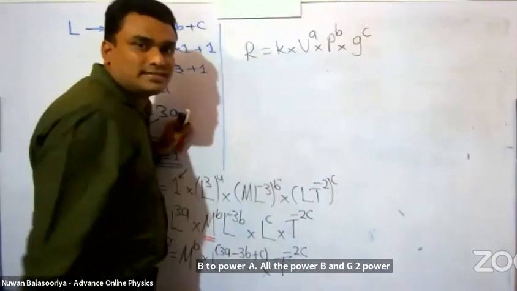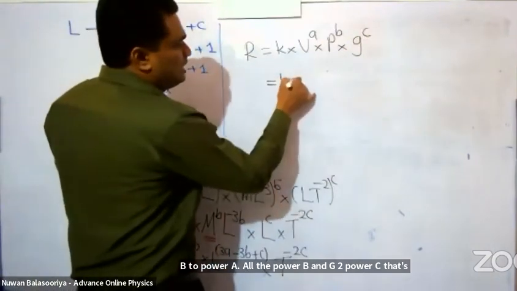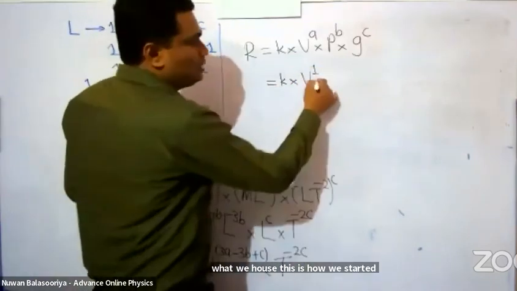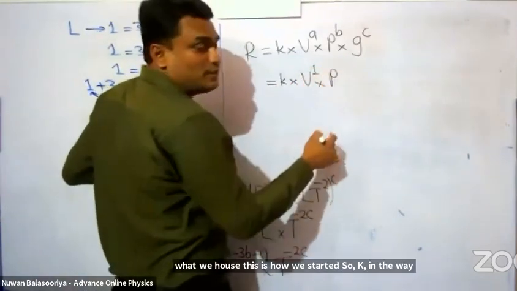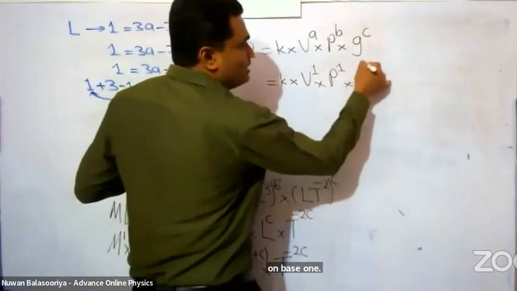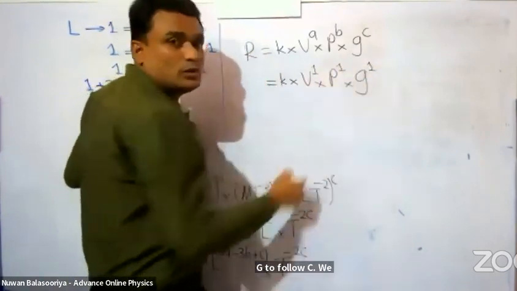That's what we have. This is how we started. So k into v to power a, we have found a is 1. Rho to power b, we have found b is 1. G to power c, we have found c is 1. 1, 1, 1, all the things.